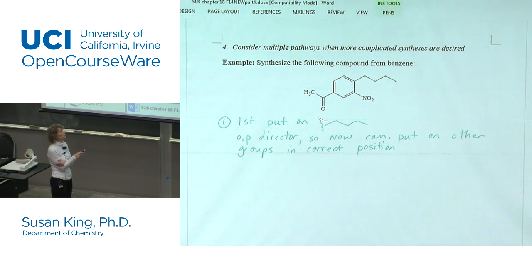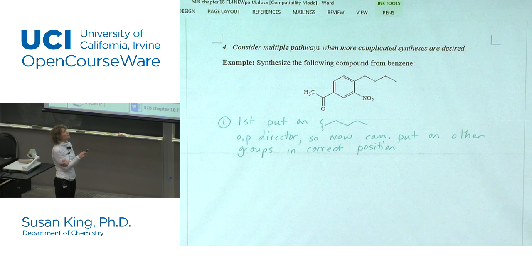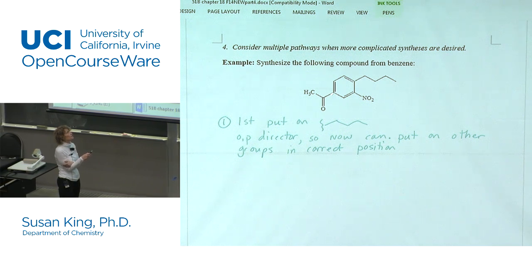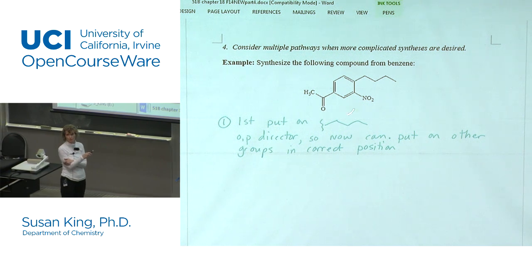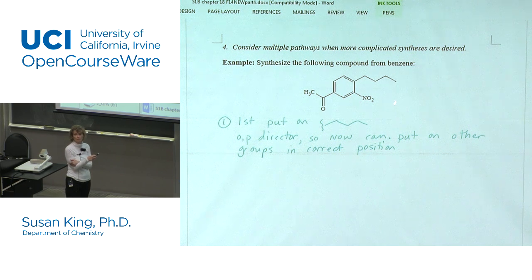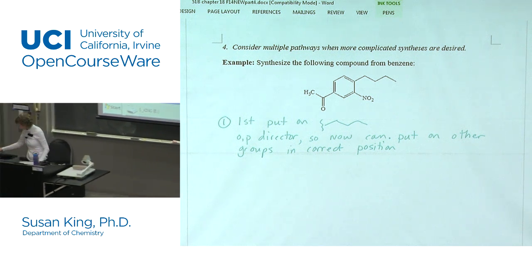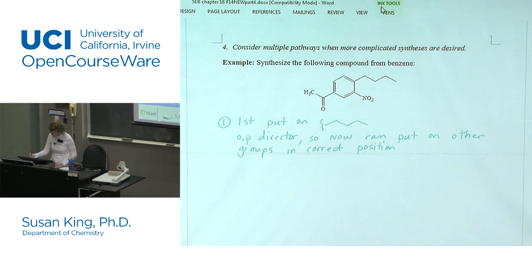That absolutely has to go on next, because if you put the nitro group on first, it won't work with Friedel-Crafts. This would have to be a strong activating group with a nitro group to work with Friedel-Crafts. This is weak activating. So we absolutely have to put that group on second. Order matters here.